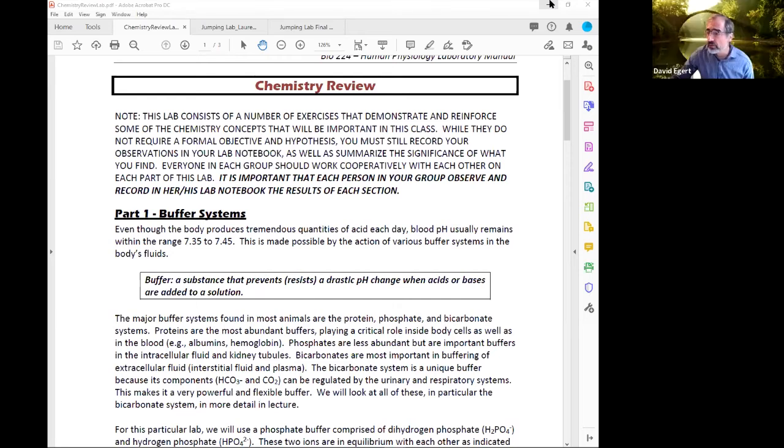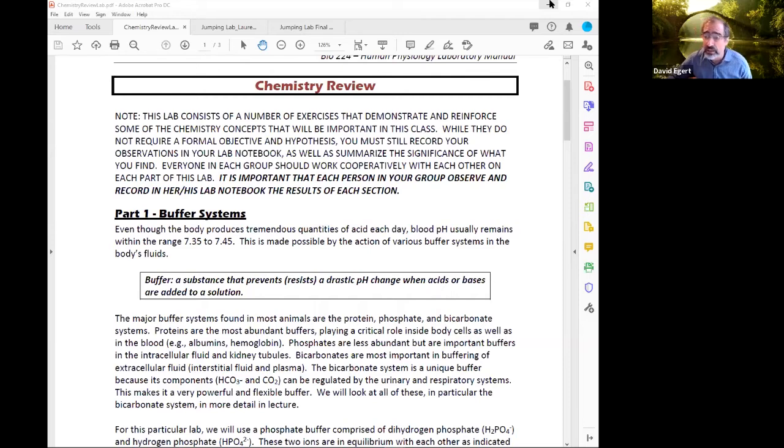All right, so now we go into doing the chemistry review lab. Over the last few months, there have been 3 of us: Tina Christensen, who teaches one of the other sections, and Becky Brown, who teaches another section.